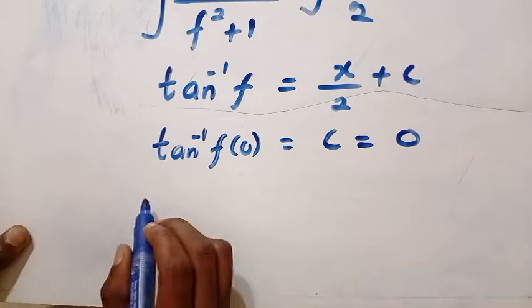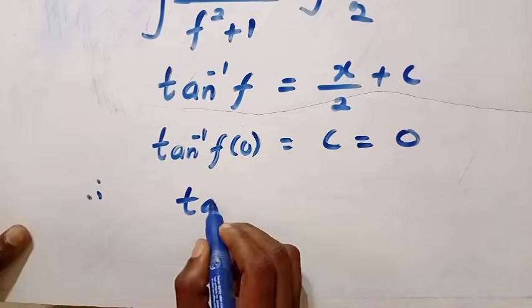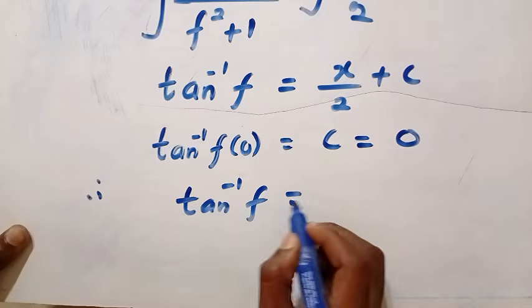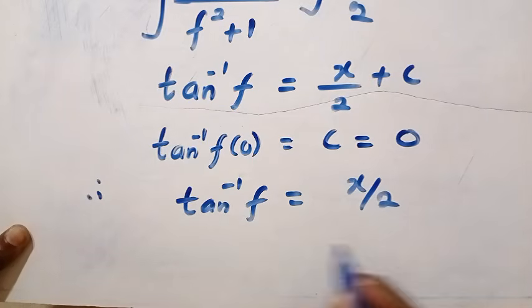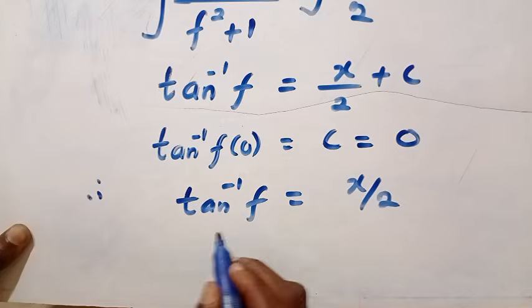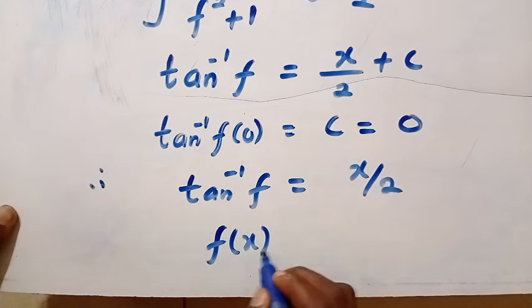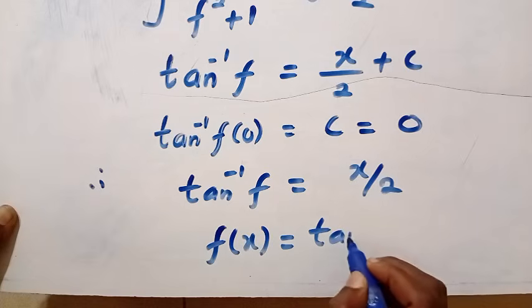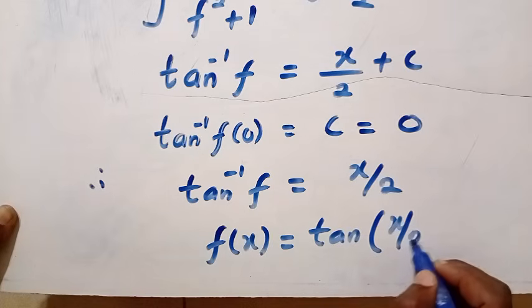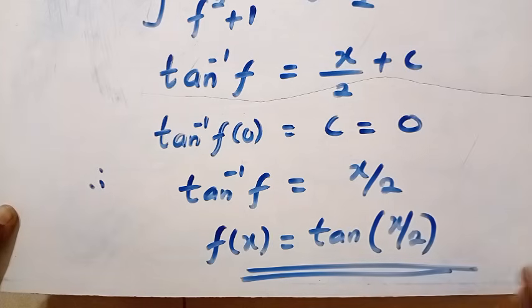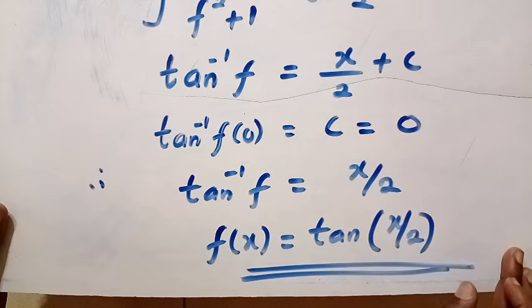And if c equals 0, we have the tan inverse of f equals x divided by 2. We need f, so we take the tan of both sides and we have f of x equals the tan of x divided by 2. What a beautiful solution.